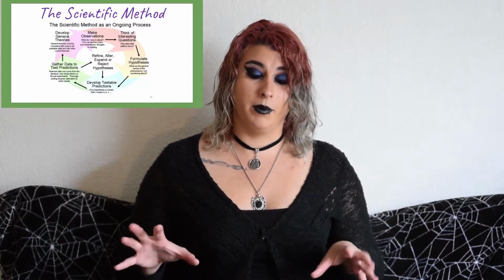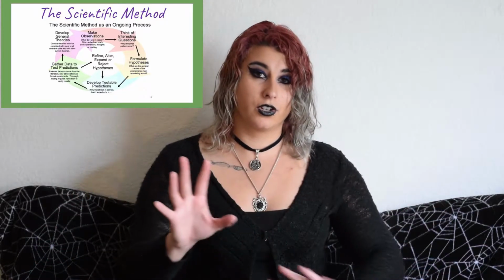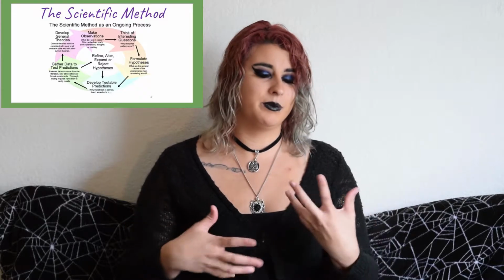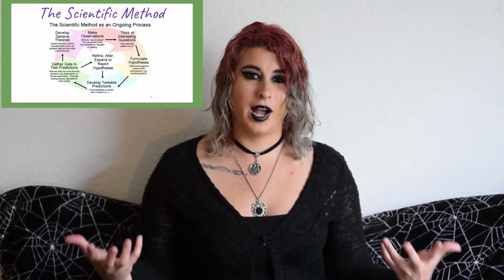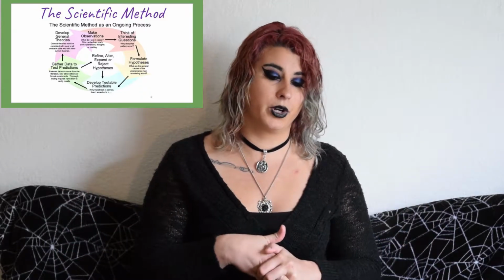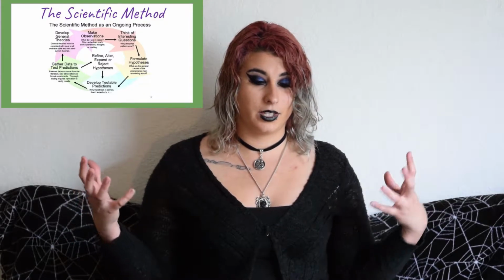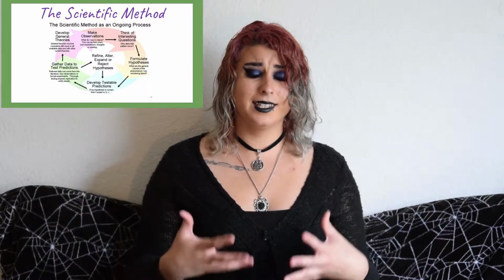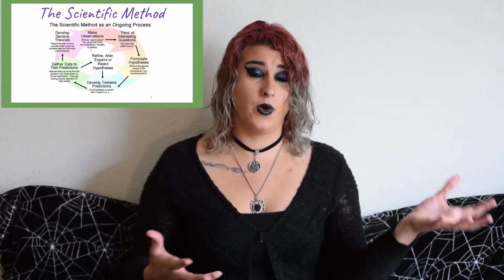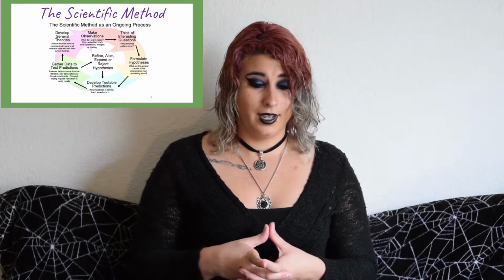This particular image that makes everything more circular is a more common way I've seen in my own coursework to reflect the scientific method. And it just tends to better encapsulate what science is.